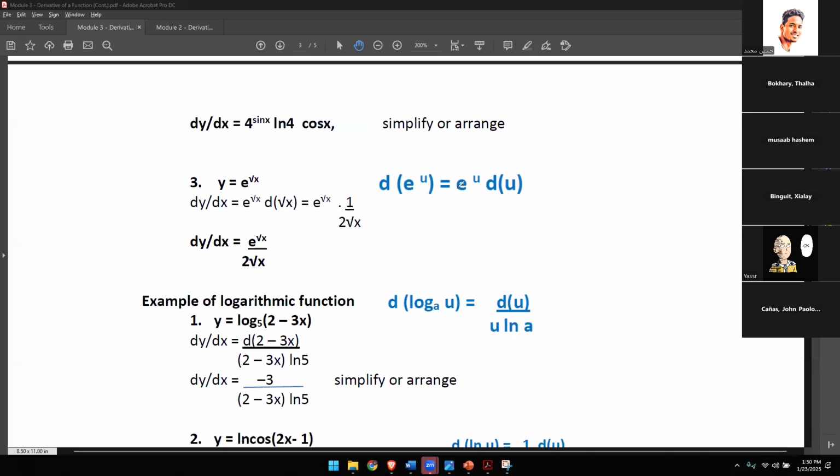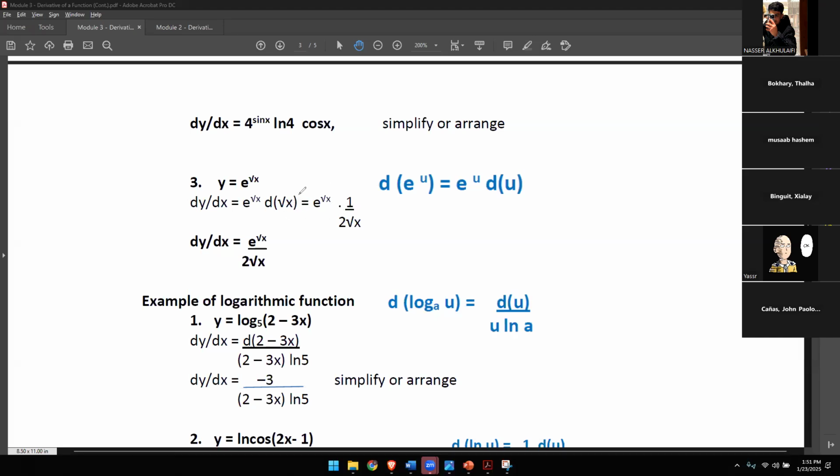So e is e, u is square root of x, and then derivative is derivative, and then u is square root of x. In here, we just simply derive that square root of x. It's equal to e square root of x times, yeah, okay.